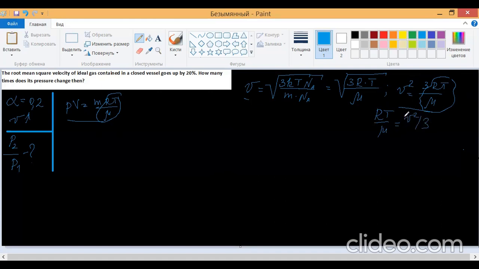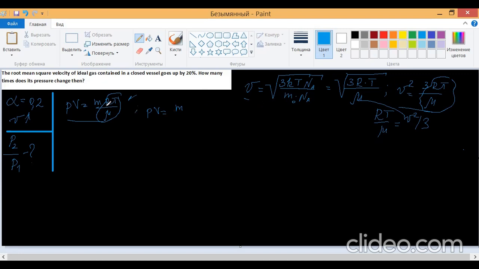And substitute it here, and we will get that PV equals m, and in this case, m is not the mass of one molecule, it's the mass of the gas. To differentiate this, I will write m with index 0 for the mass of only one molecule.